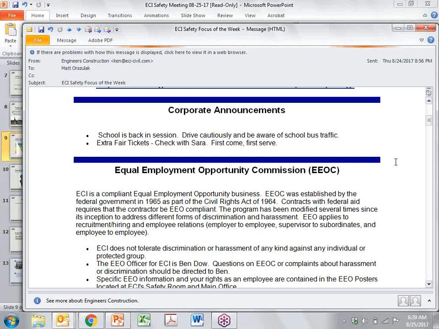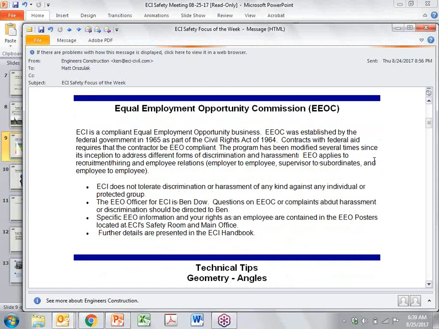And Equal Employment Opportunity Commission. So we're a compliant EEO business, and the EEOC, which is the commission, was established by the federal government in 1965 as part of the Civil Rights Act of 1964. And contracts, for example, federal aid contracts, require us to sign off that we are compliant.